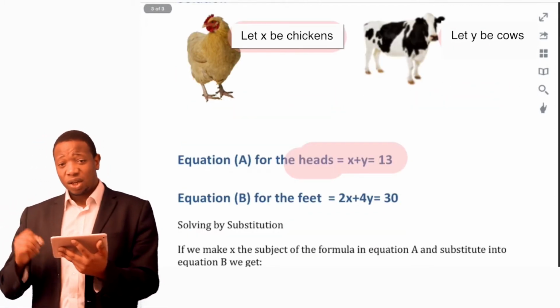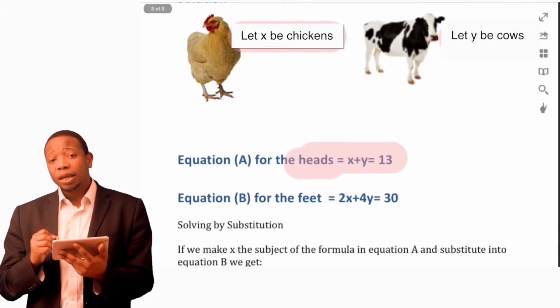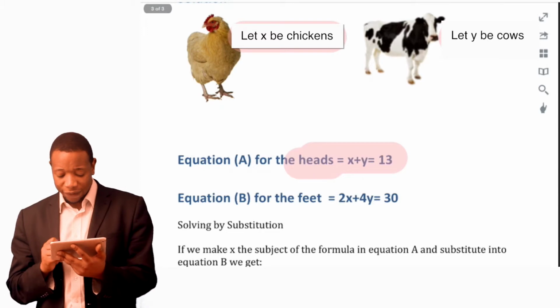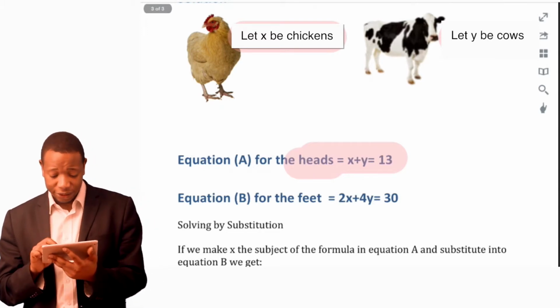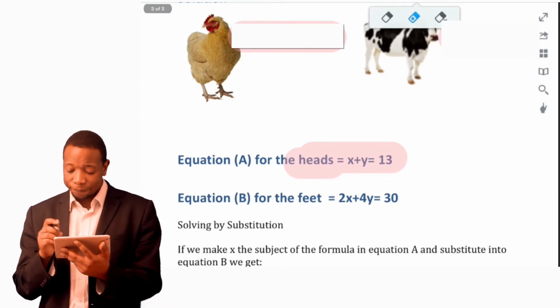And then I did a second equation. Let equation B be for the feet. Now we have X being the chickens and Y being the cows.